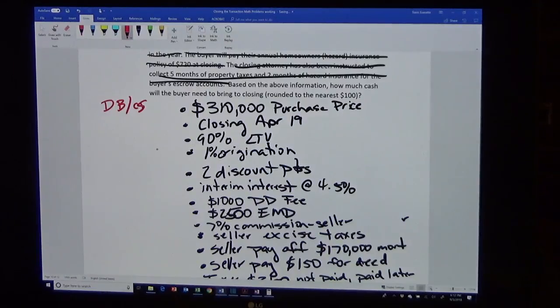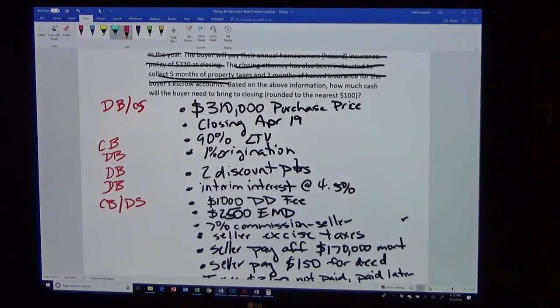The 90% loan to value new loan, that's going to be credit to the buyer. 1% origination fee, that's going to be debit to the buyer. 2 discount points, debit to the buyer. Interim interest, debit to the buyer. Due diligence fee is going to be credit to the buyer, debit to the seller.